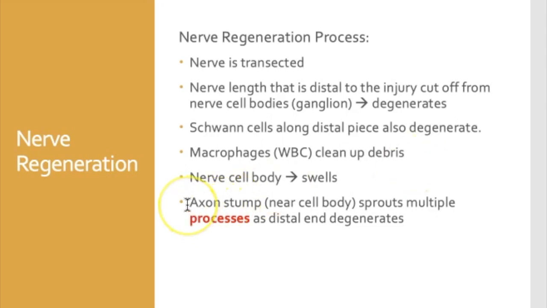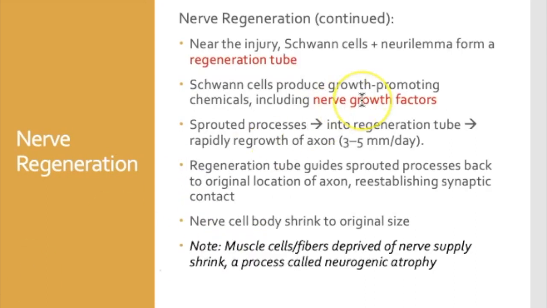The stump of the nerve, all those axons that were transected, is going to start to sprout processes at its distal end. And Schwann cells and the membrane of the axons at the cut end are going to form what's called a regeneration tube. Schwann cells produce growth-promoting chemicals called nerve growth factors that are going to help this sprouting occur.